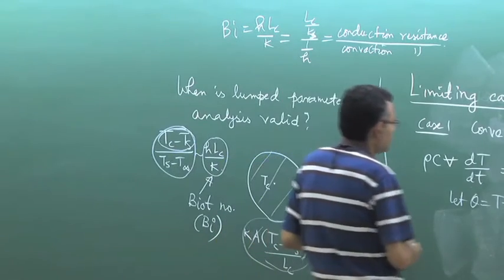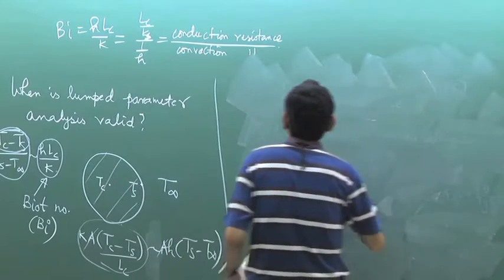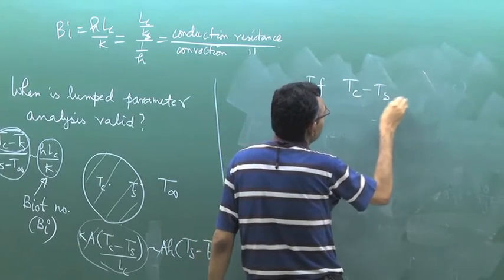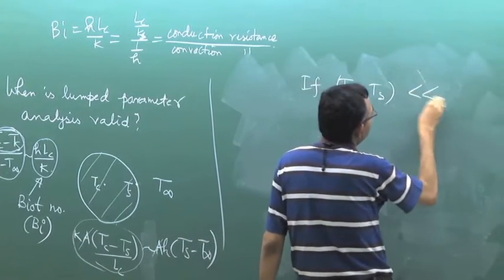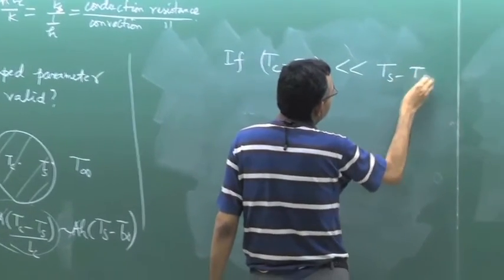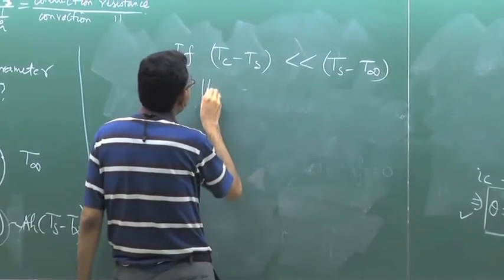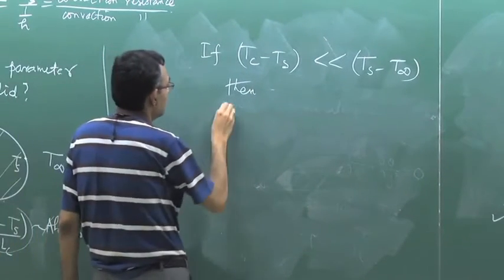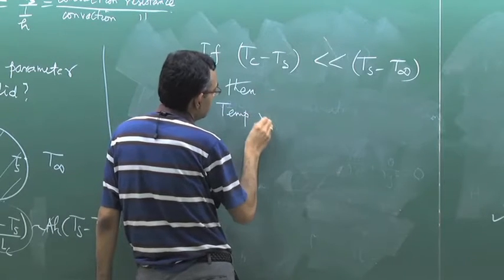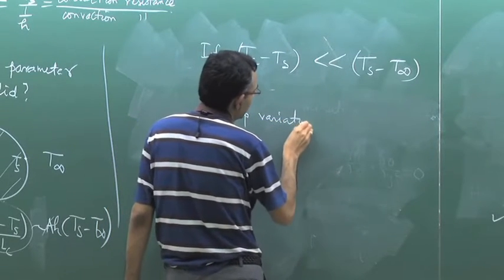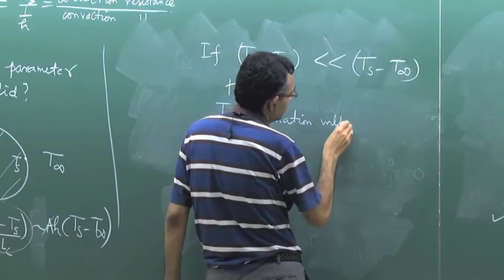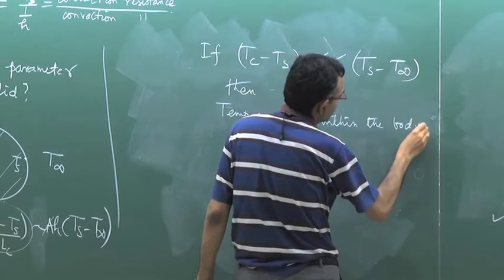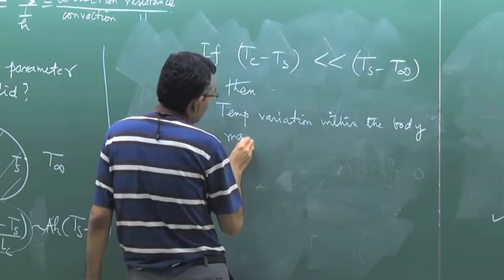So we can write, if Tc minus Ts is much less than Ts minus T infinity, then temperature variation within the body may be neglected.